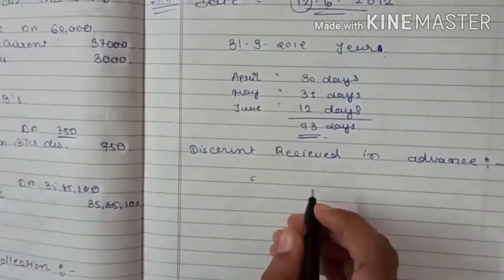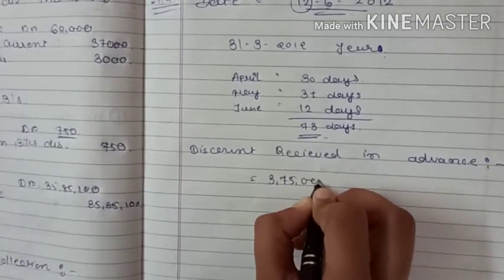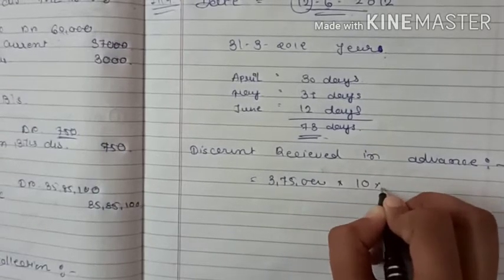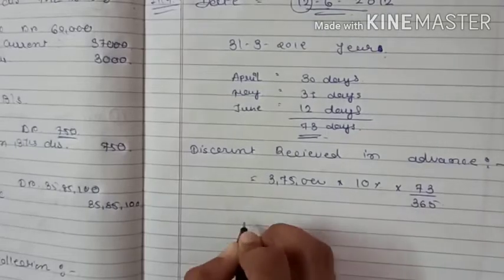Total discount was 3,75,000 into 10% into 73 divided by 365.